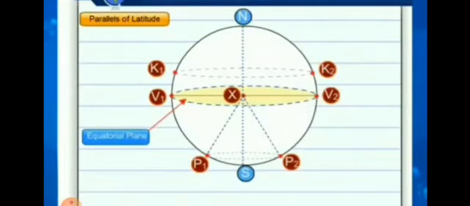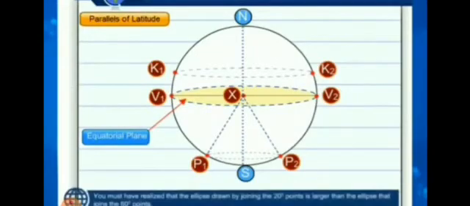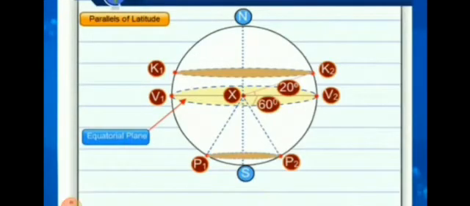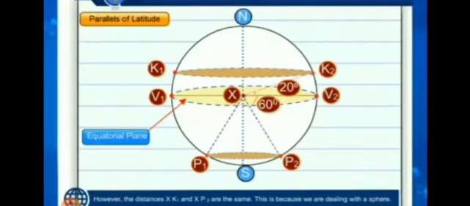Explanation. Parallels of latitude. You must have realized that the ellipse drawn by joining the 20 degree points is larger than the ellipse that joins the 60 degree points. However, the distances X K1 and X P2 are the same. This is because we are dealing with a sphere. Note that though these lines appear to be ellipses in the diagram, on the globe they are circles.